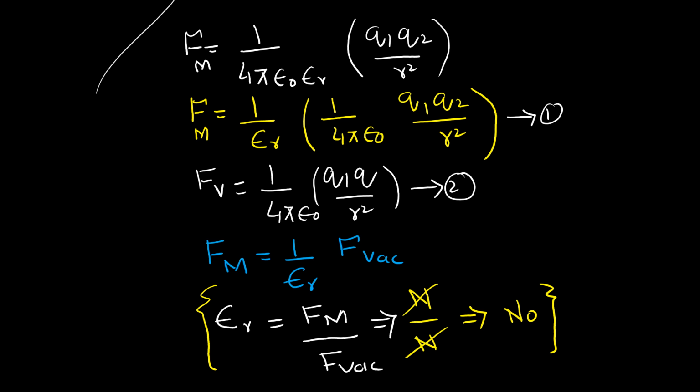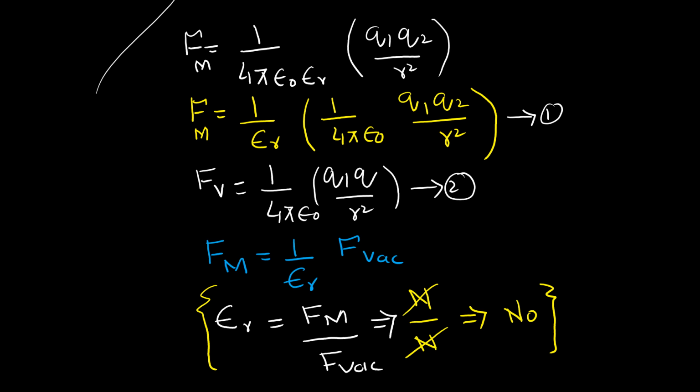So dear student, this is all about Coulomb's law of electrostatics. Coulomb's law tells us about the magnitude of the force between two point charges when they are at rest. The Coulomb force depends on the medium. If there is no medium present between the point charges, then the Coulomb force will be just 1 over 4 pi epsilon naught into Q1 Q2, the magnitudes of the charges, divided by R square.